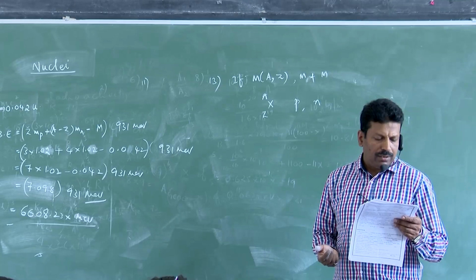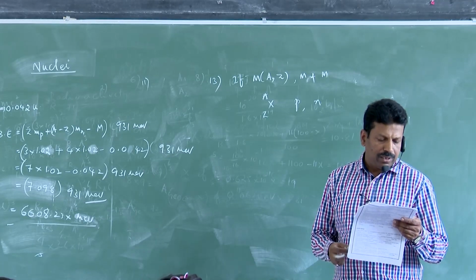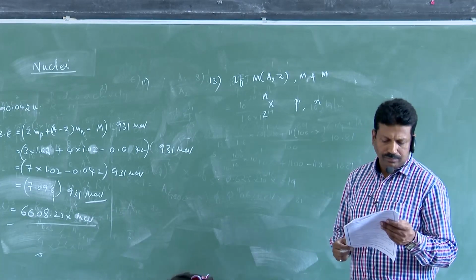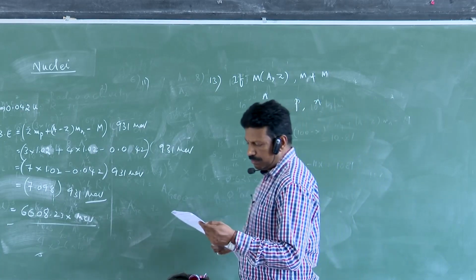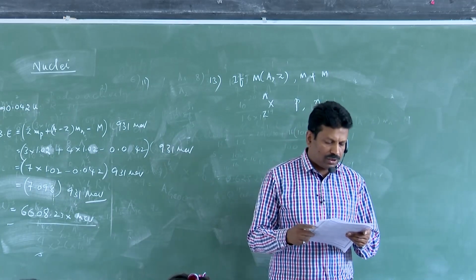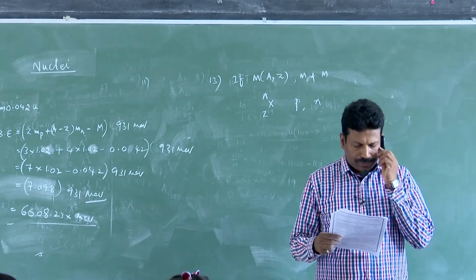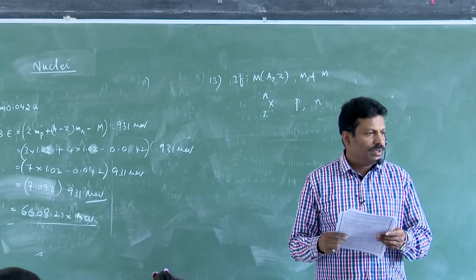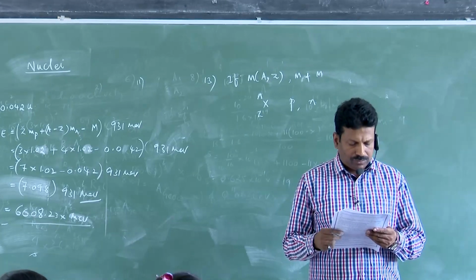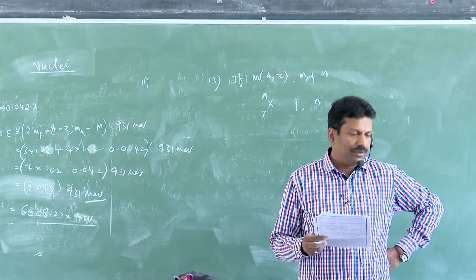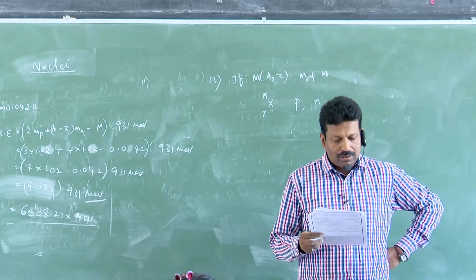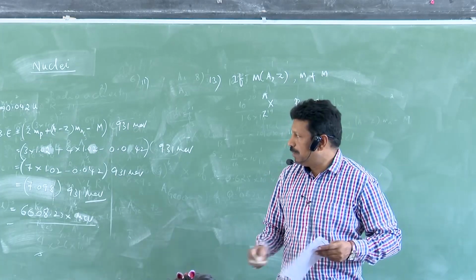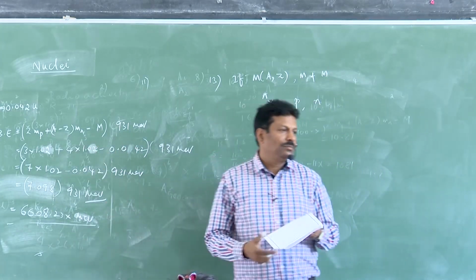Okay, I think in such a scenario it is M(A,Z), Z M_p plus (A minus Z) M_n minus M(A,Z), times c squared, should be 931 MeV. But how is it option C? M(A,Z) will not come first now.